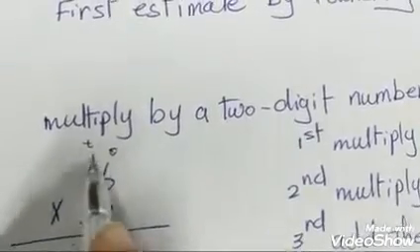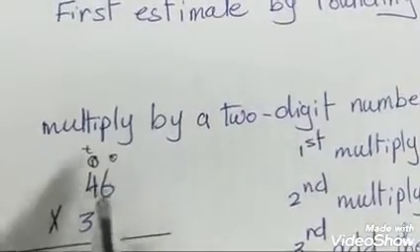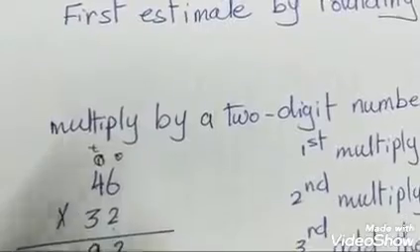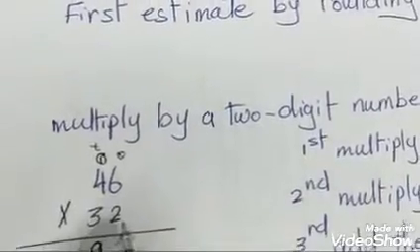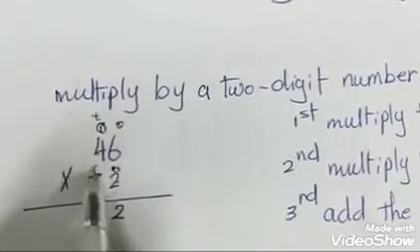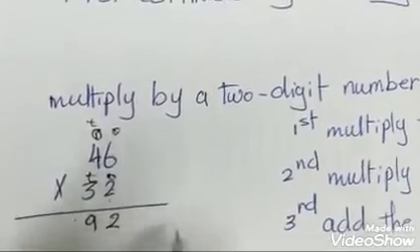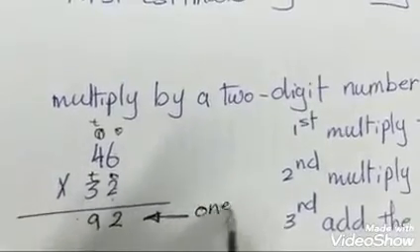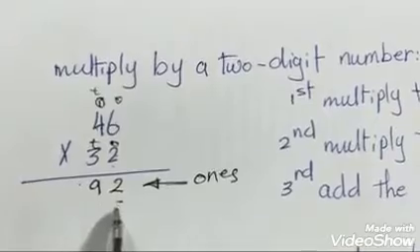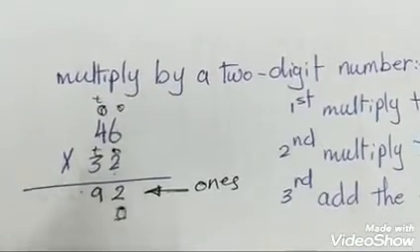I will put 2 and carry 1 up. 4 times 2 equals 8 plus 1, it will equal 9. This is the product for the ones. Then I will make partial products for the tens, so I will leave the ones digit empty as 0.